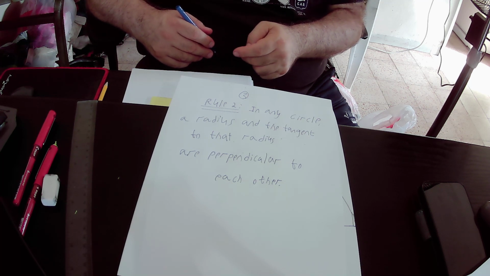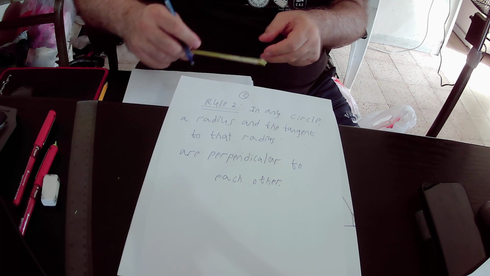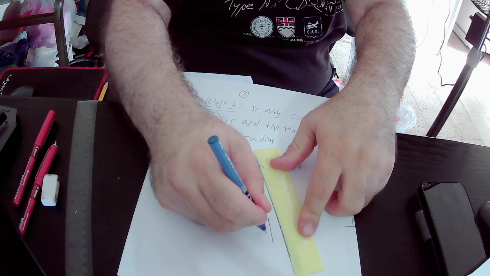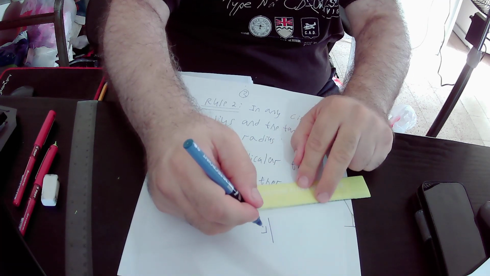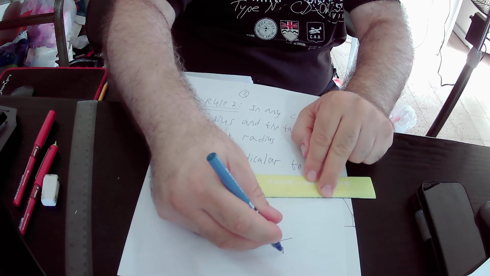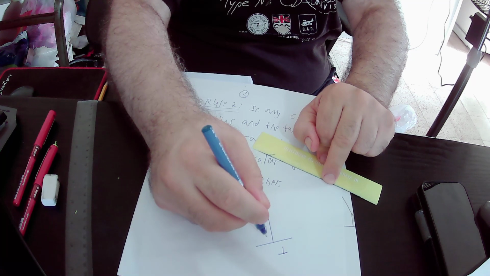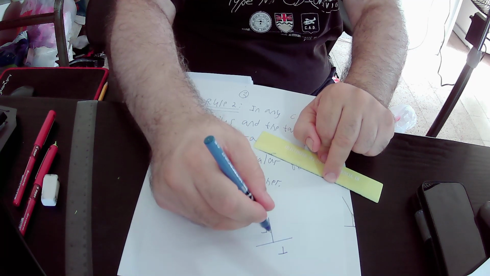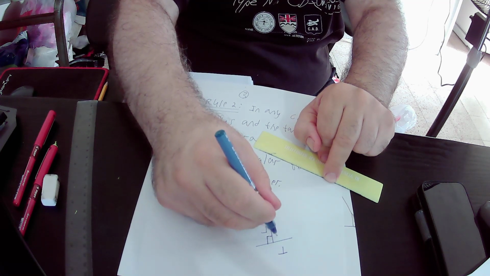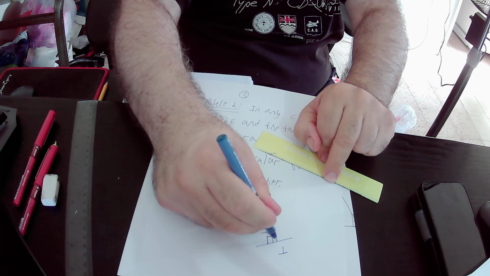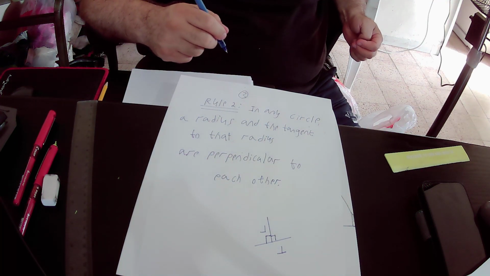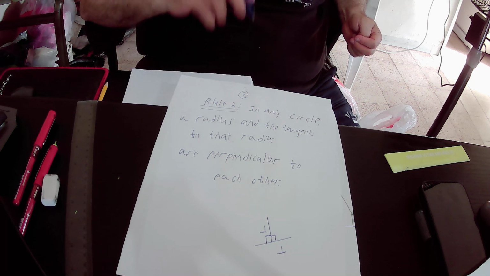So if we have a radius, let's call it R, and a tangent to that radius, let's call it T, then the radius is perpendicular to its tangent, that is to say, this angle equals 90 degrees, and this angle also equals 90 degrees. So in any circle, the radius and the tangent to that radius are perpendicular to each other.